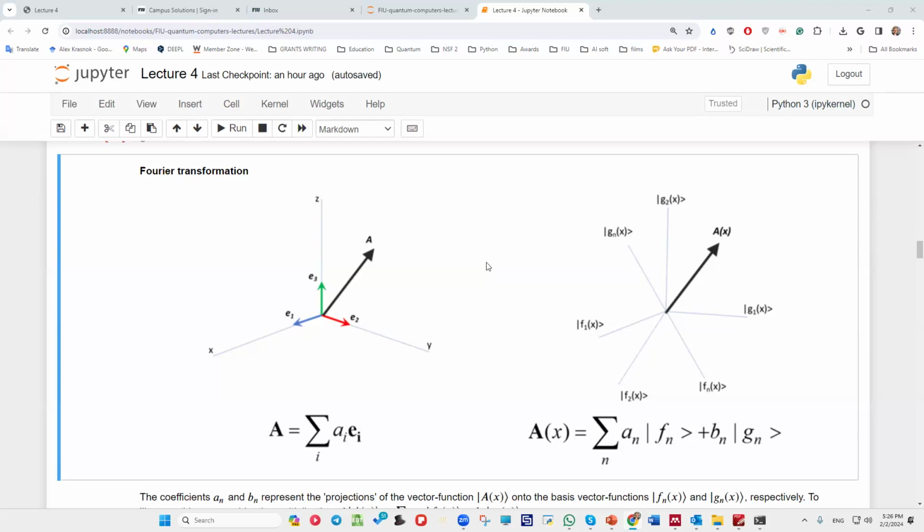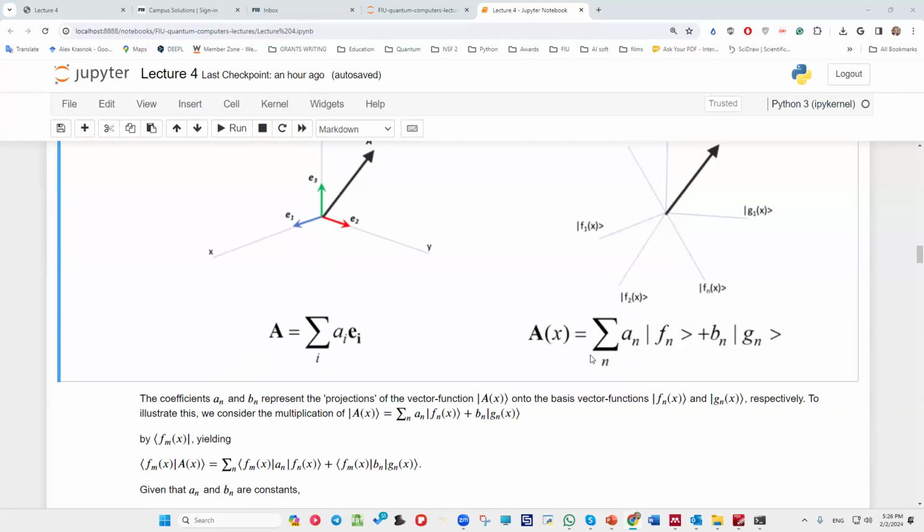This is the Fourier transform, one of the most important concepts in science, in engineering, and electrical engineering for sure. We use Fourier transform anytime we work with signals, audio, video, radio. Very important. Basically we use Fourier transform every day.